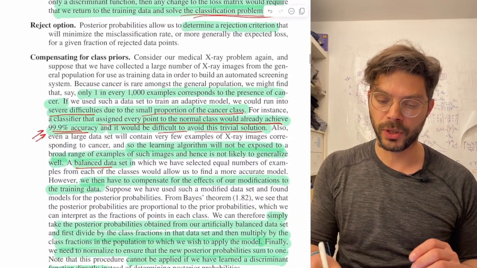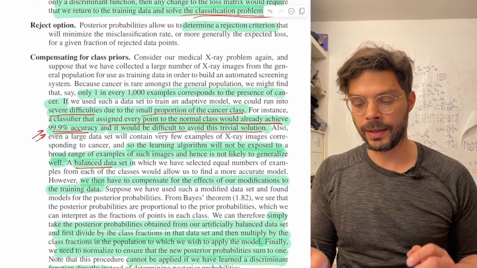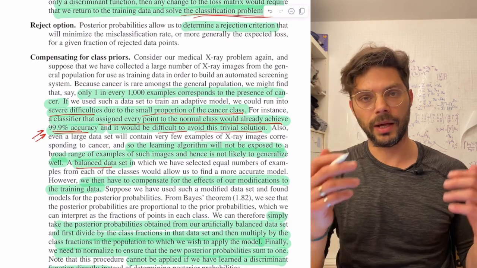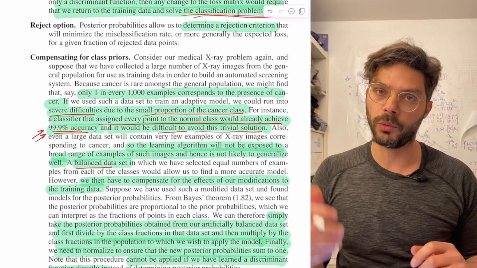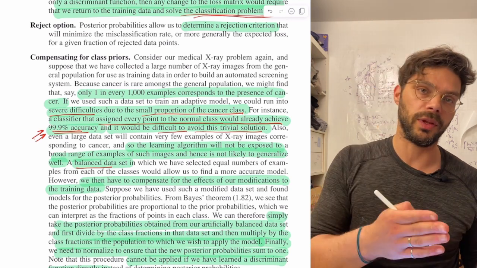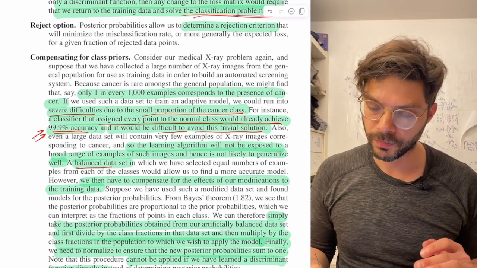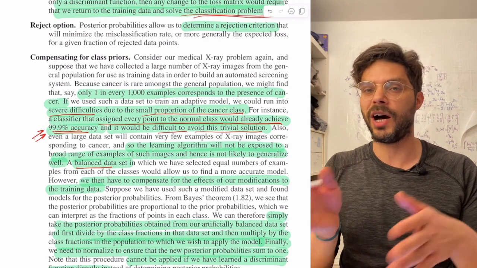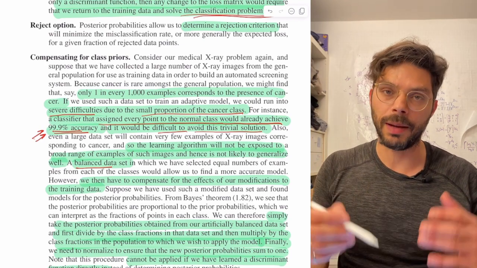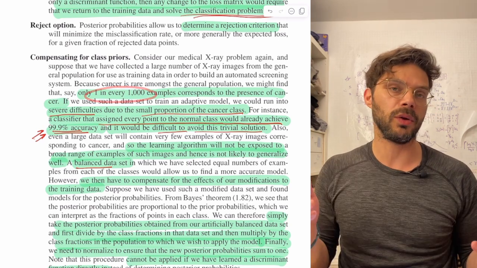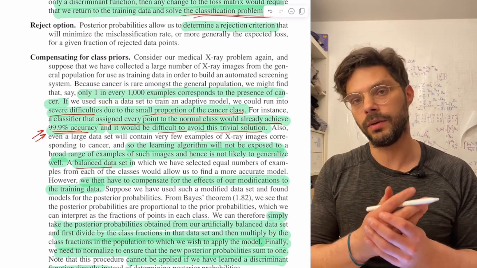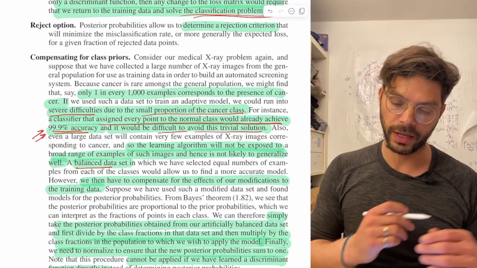I thought this is actually a pretty interesting, more nuanced example of why these posteriors might be useful. This is a setting where we're trying to classify X-ray images, saying whether someone has a particular disease or not. And this actually comes up a lot, where you have unbalanced classes. So for example, in your data set, thankfully, let's say only 1 in every 1,000 of the data points actually corresponds to a cancer case.